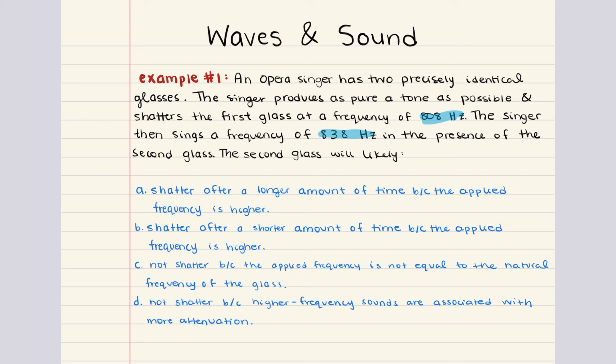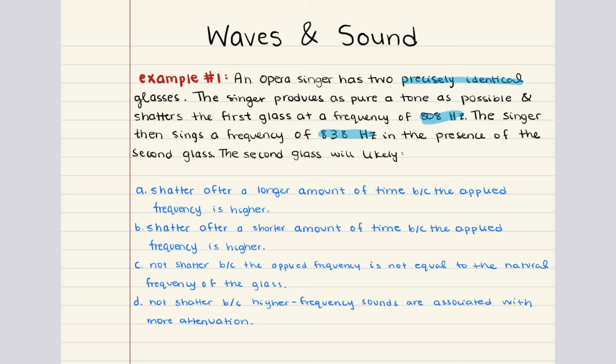Now, the singer attempts to shatter the second identical glass by singing at a different frequency, a frequency of 838 hertz. Because these glasses are precisely identical, we can assume they share the same natural frequency, which is 808 hertz.